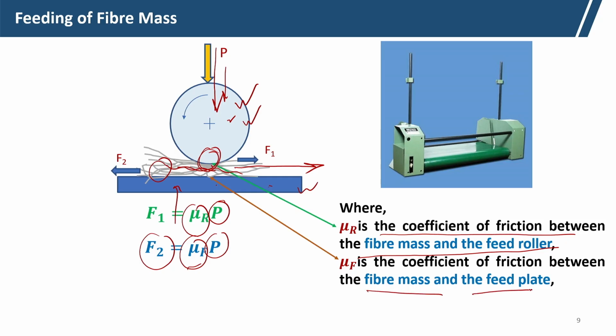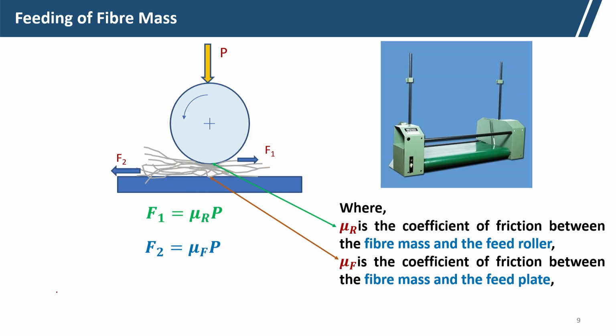So these are the two forces acting on the fiber mass. The condition for uniform feeding is that F1 should be more than F2, otherwise the fibers will slip past the feed roller and the feeding will be interrupted.